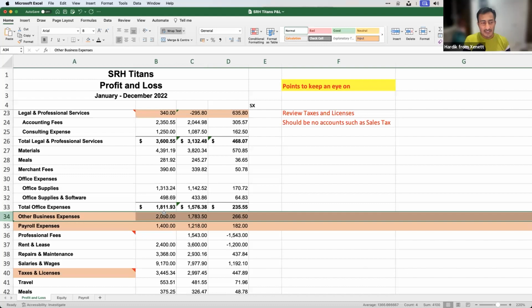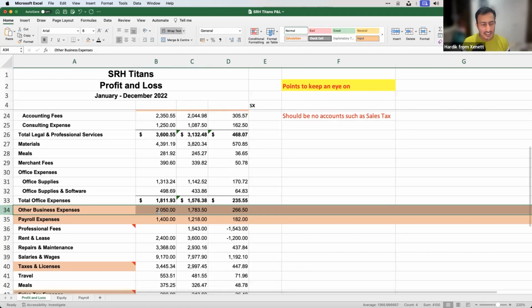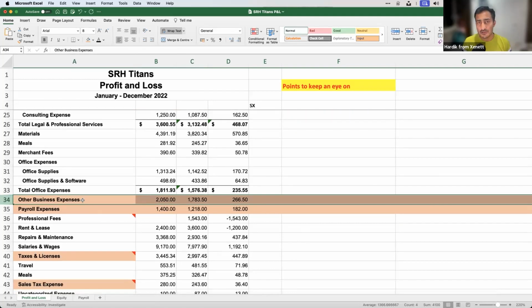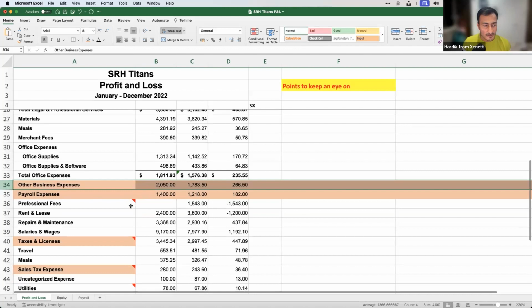So we'll try to have as many accurate accounts as we have on the chart of accounts. And if we don't find something, we typically then use office supplies or office expense account, right? But at least I would not expect this kind of accounts ever in my profit and loss.